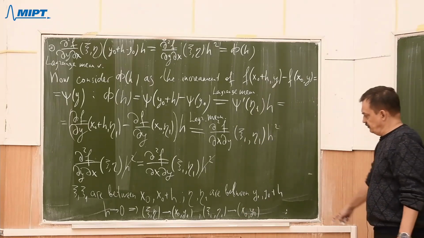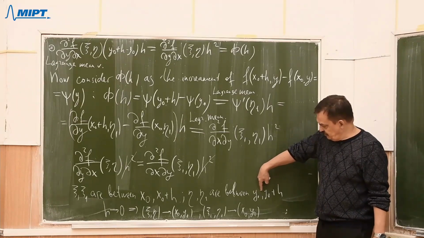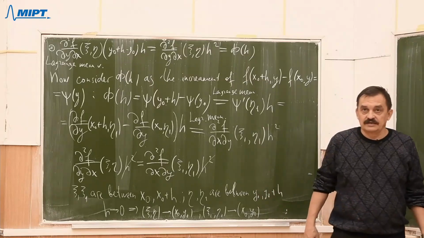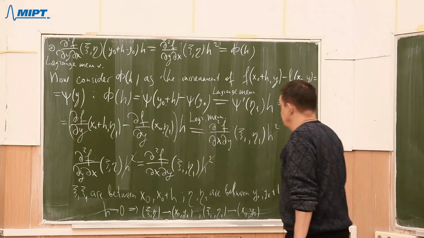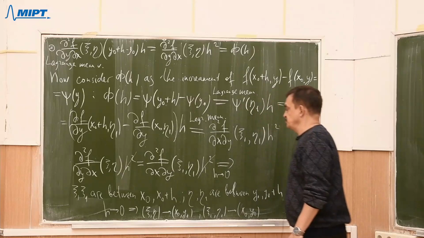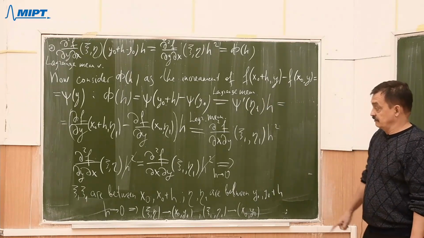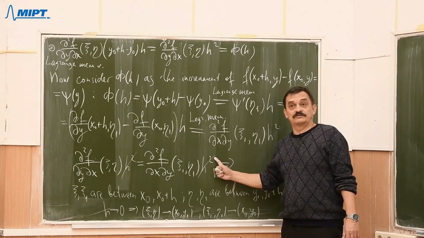Because if h tends to 0, eta 1 and eta, being between them, tend to y naught, and analogously for xi. So if we send h to 0, and remember I cancelled h squared first, that's important.